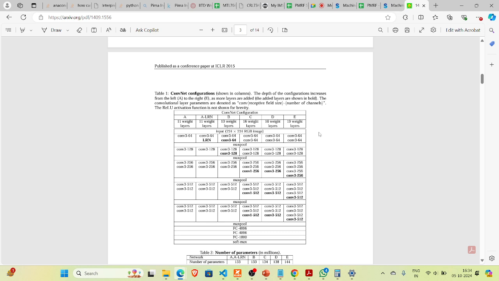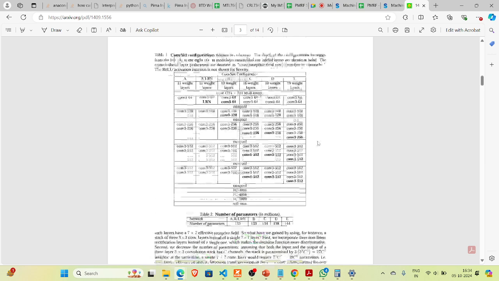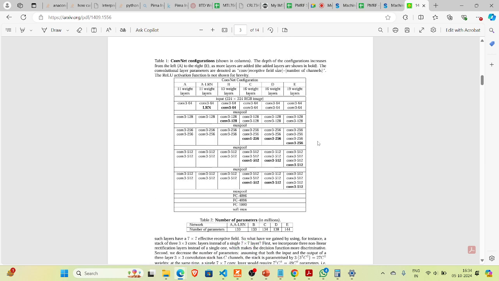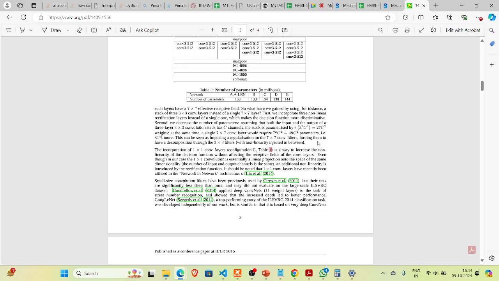So 224 cross 224 is the size. But how can you find the size of the image consequently through every convolution? So let's try to find that.